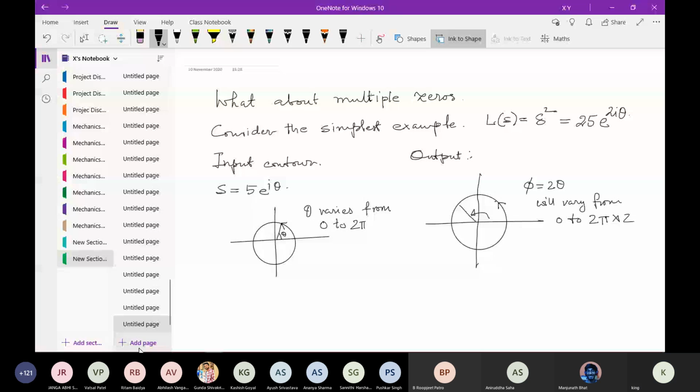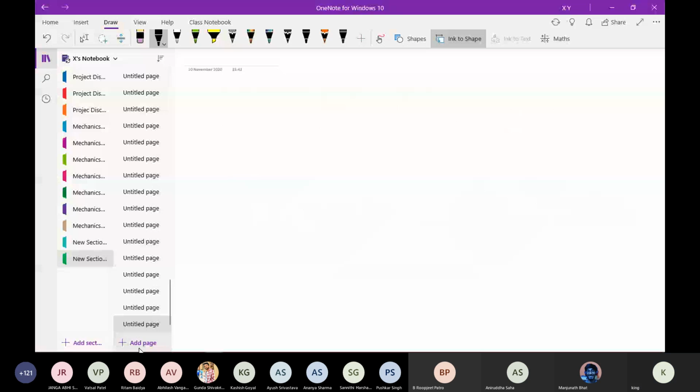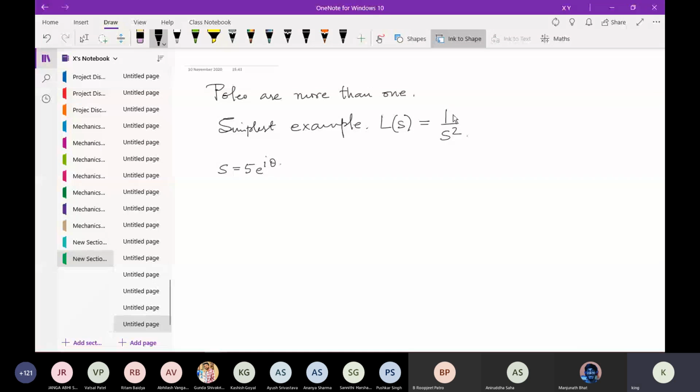Similarly, poles are more than one. Simplest example, let me make this 10.